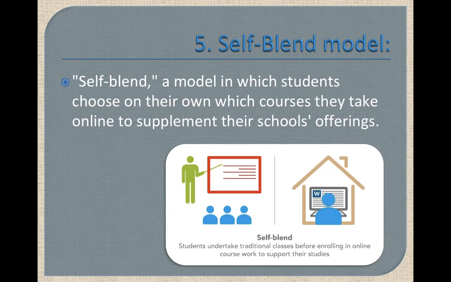And sometimes it is difficult for them to understand, but because they have experienced it, it is easy for them to understand. So that is also involved, I would say, in the self-blend model, because once their interest is there, definitely they'll look upon different things.